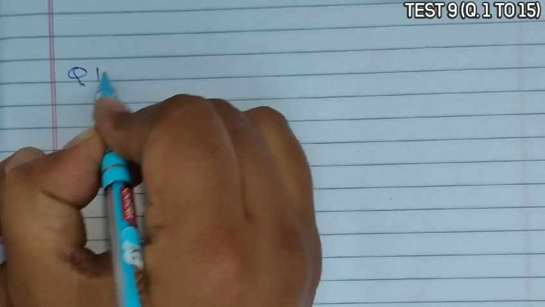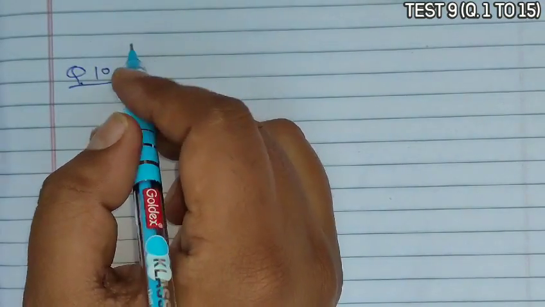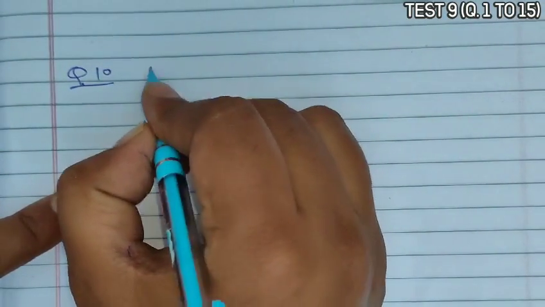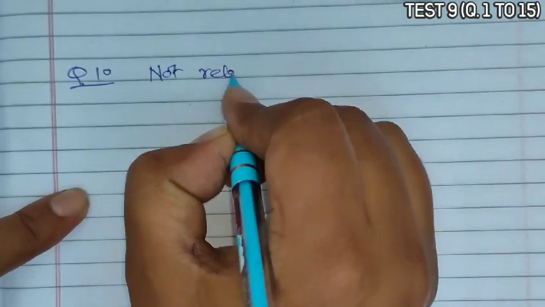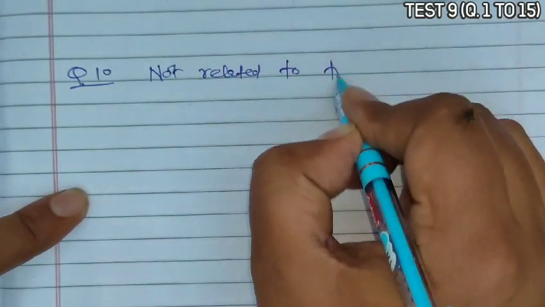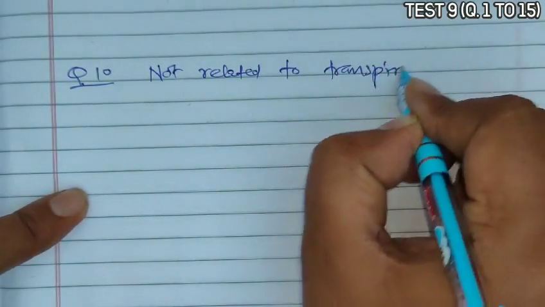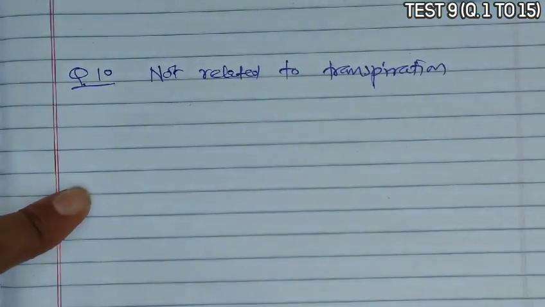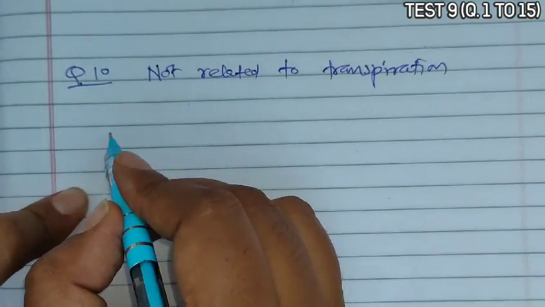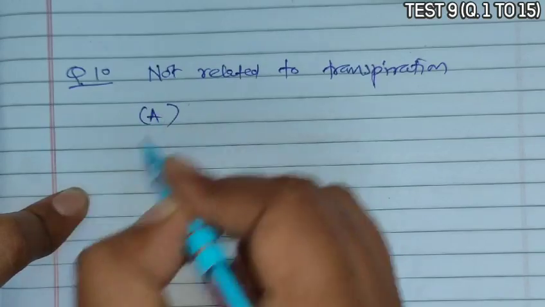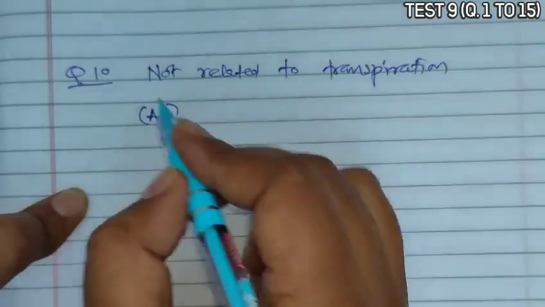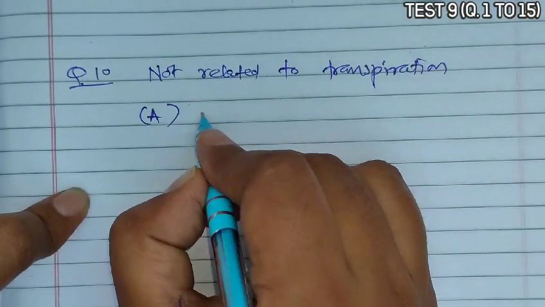Next is question 10. Question 10 asks which one is not related to transpiration. Option A is given as regulation of plant body temperature.